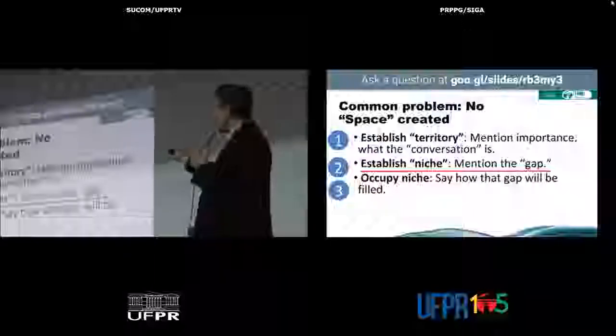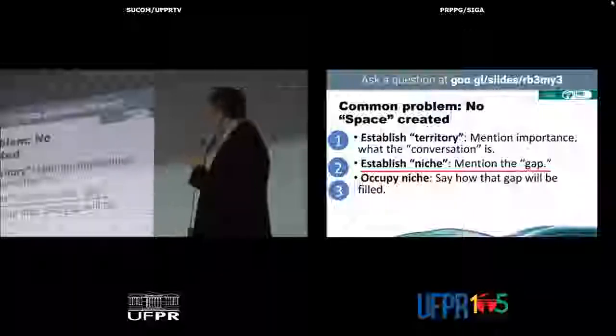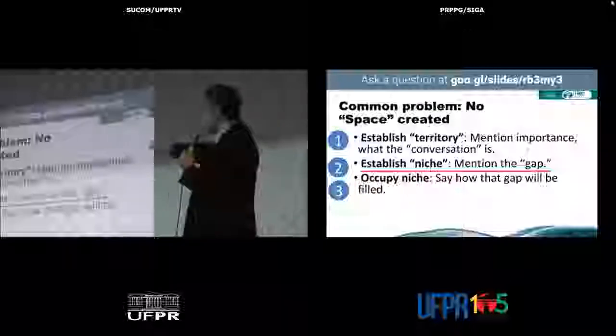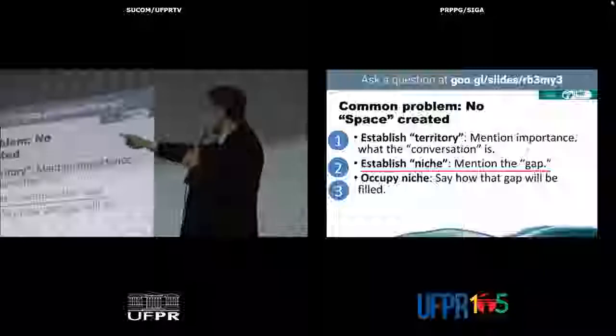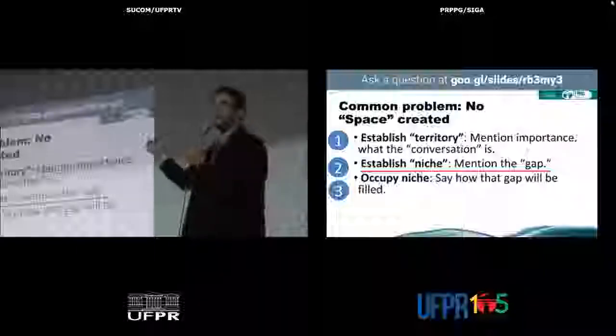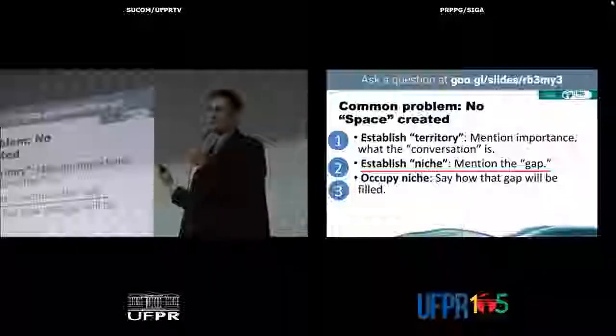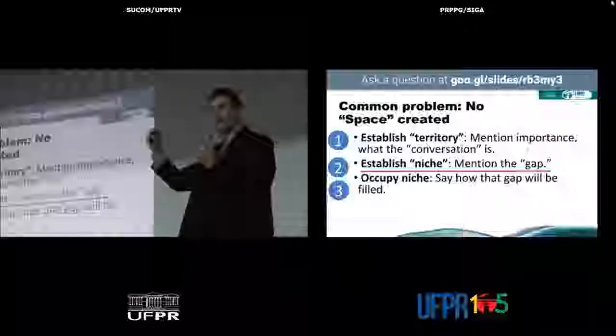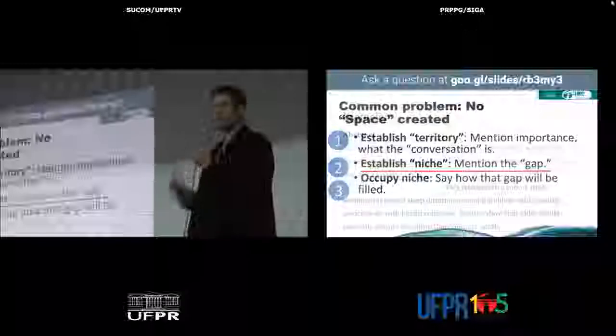But where a lot of problems begin, and I don't know what happened here, but number 2 is supposed to be crossed out, is when people skip number 2. And this is what you saw in the article from last week, and it was really common in Brazilian published articles, that number 2 was missing. You had number 1 and number 3.